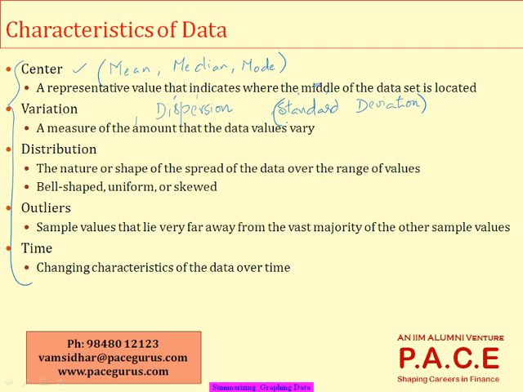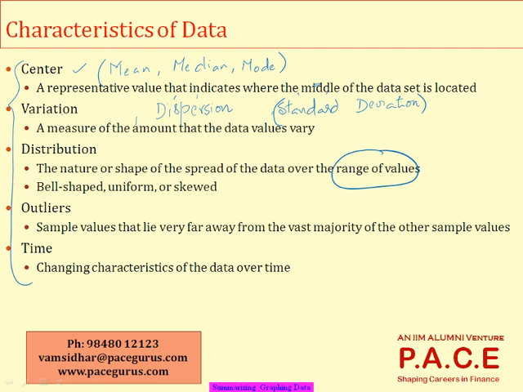If I try to plot the graph of all the possible values along with their frequencies, what is the kind of shape that the graph or the chart is giving?